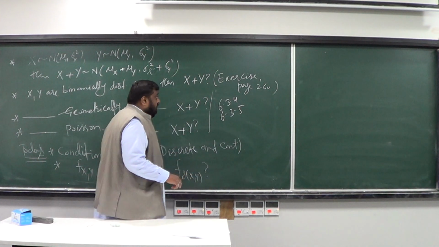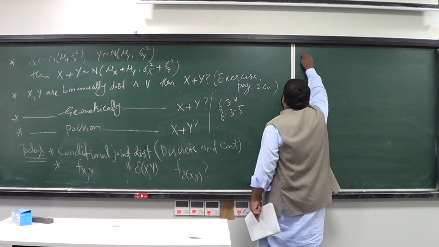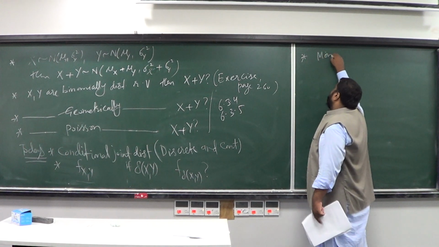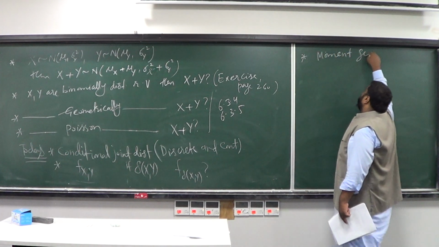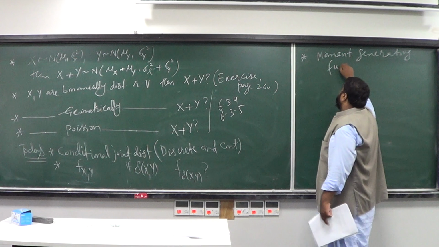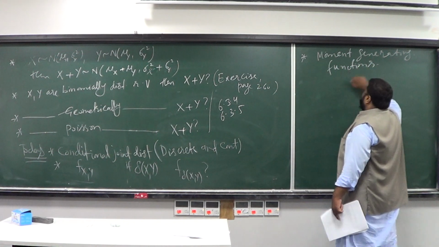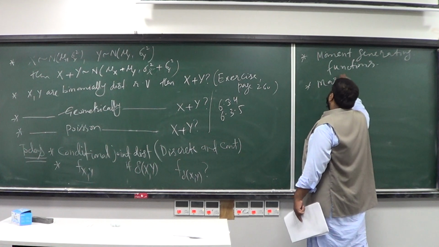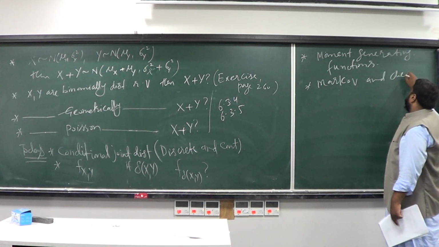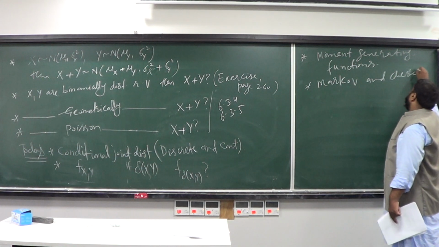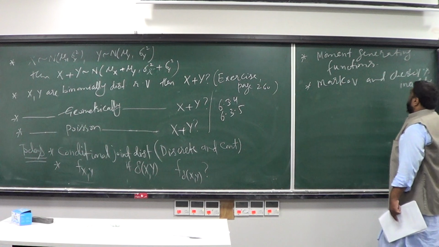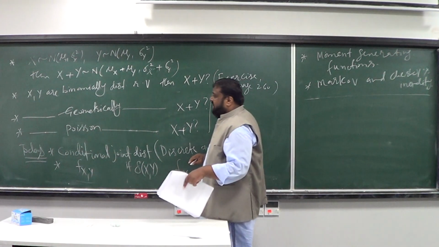And then probably we will end our discussion on the so-called moment generating functions, and we'll prove some inequalities like the Markov and Chebyshev inequality. These are the kinds of things that we're going to cover mostly in today's discussion.